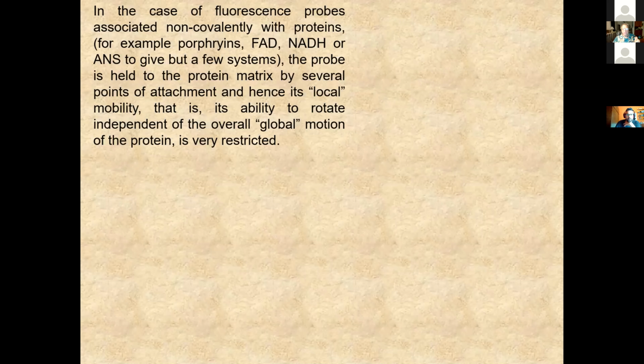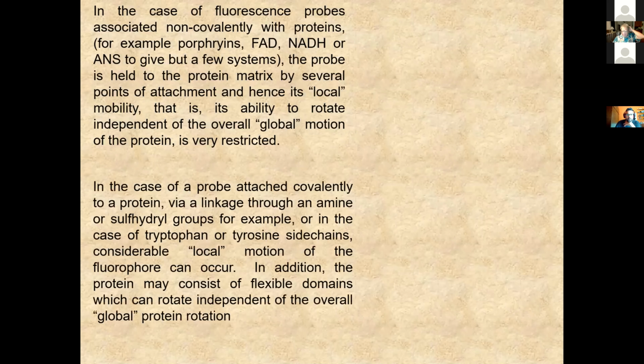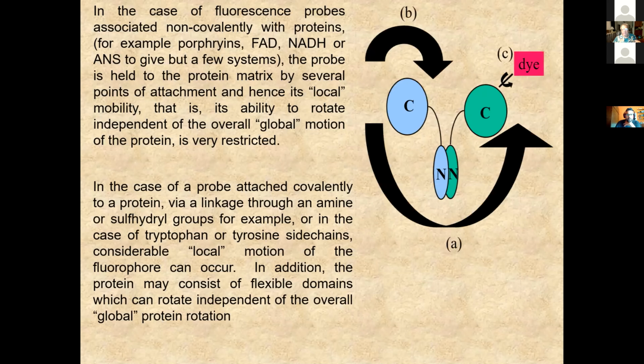So its local mobility, that is, its ability to rotate independent of the overall global motion of the protein, is very restricted. But if it's covalently attached, and we'll talk about those reactions soon, through an amine group or sulfhydryl group, or in the case of tryptophan or tyrosine side chains, you can have considerable local motion of the fluorophore, plus you can have domain movement.